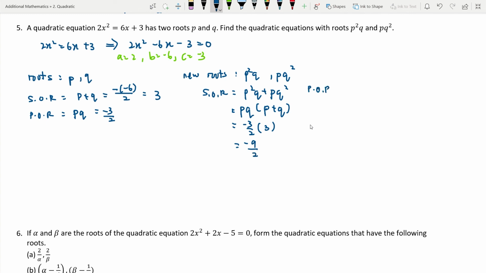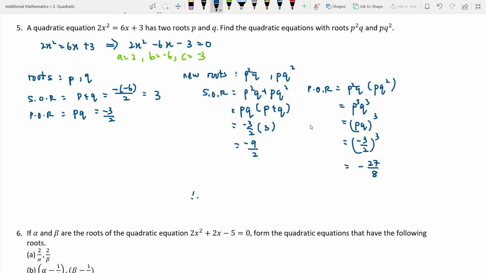The new product of roots is p squared q multiplied with pq squared. Simplify it, we get p cubed q cubed. We can take the cube outside. So we have pq cubed. Substitute the value of pq, negative 3 over 2 cubed. We get negative 27 over 8.